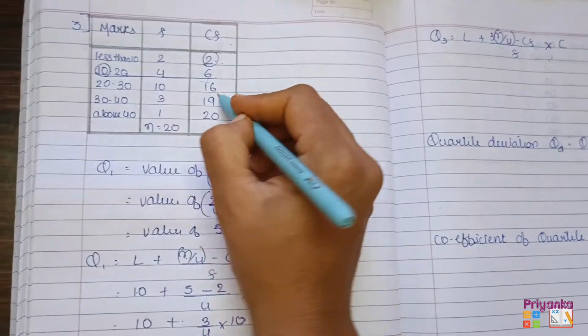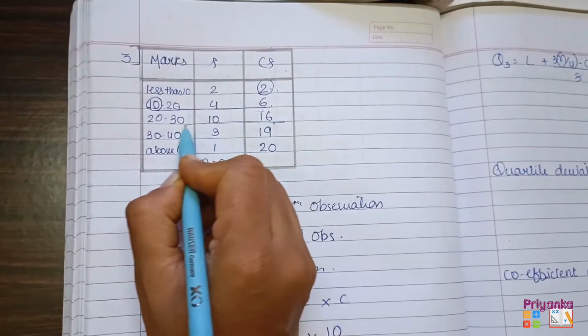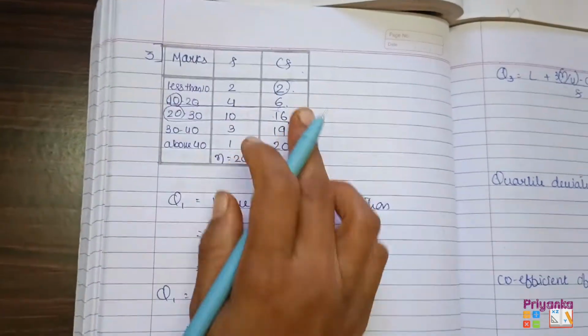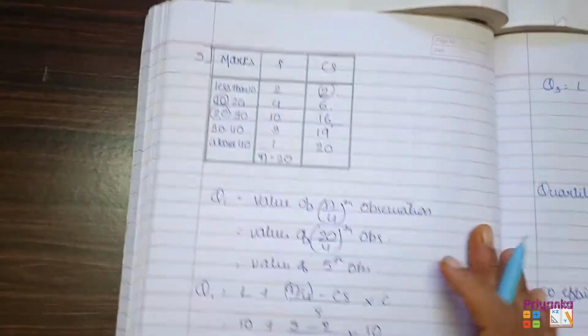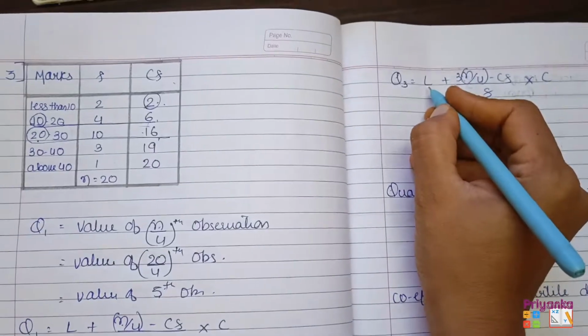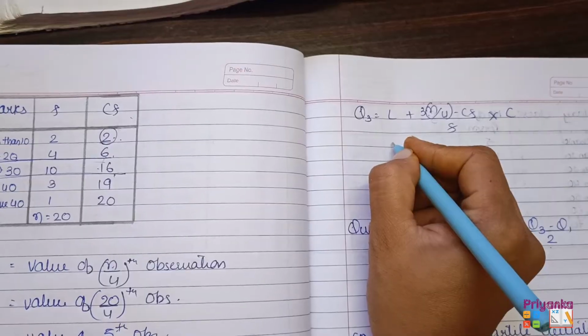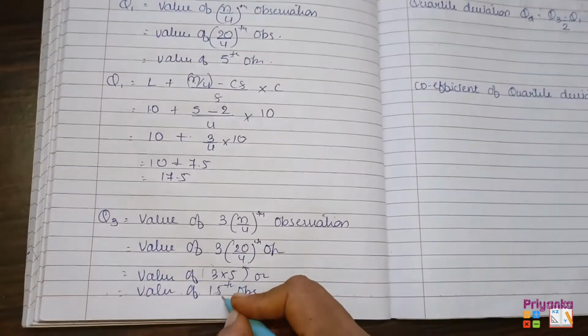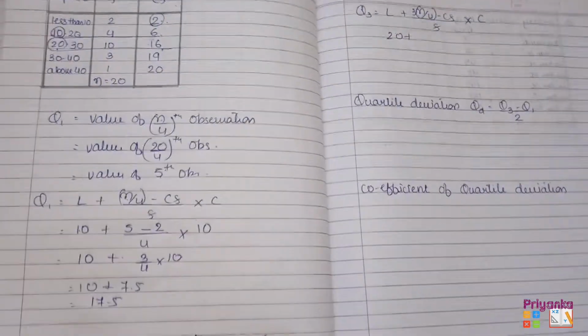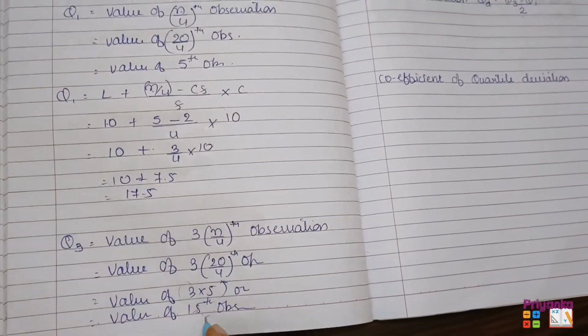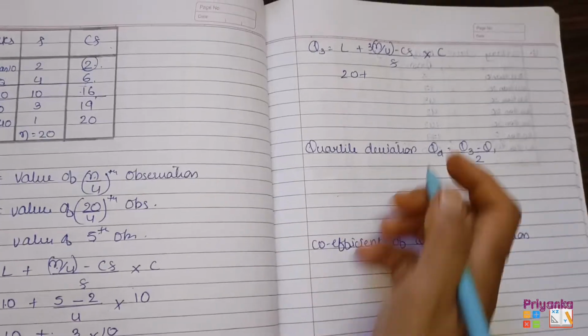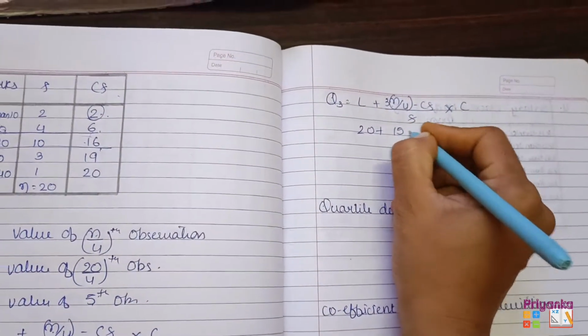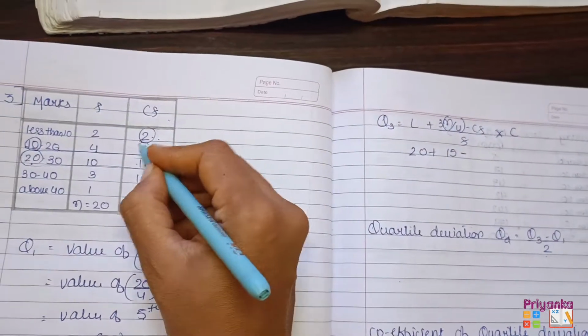Now 16 is the number where the 15 will be. 16 is more than 15. यहाँ पे 15 आ जाएगा. तो यहाँ पे है हमारा lower boundary point, that is 20. L will be our 20 plus 3 n upon 4, that we got is 15th observation, minus CF, उसके ऊपर वाला number, that is 6.